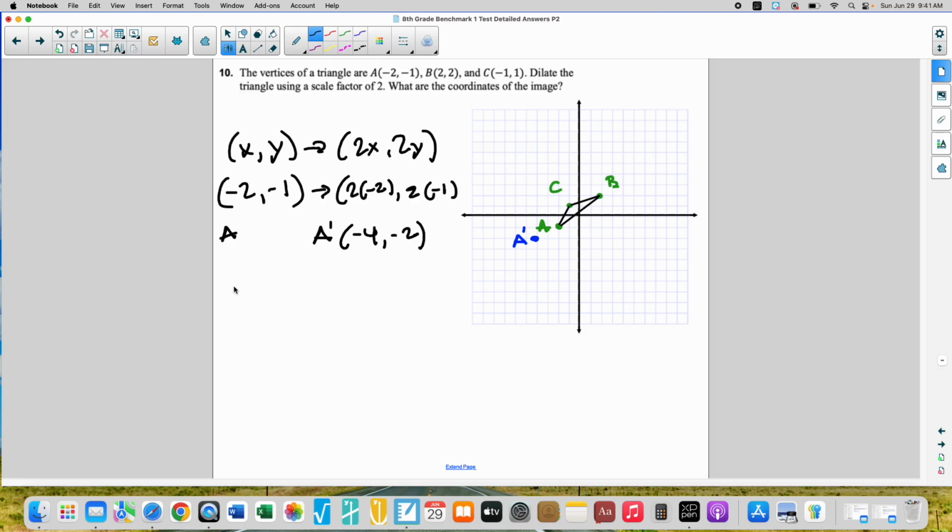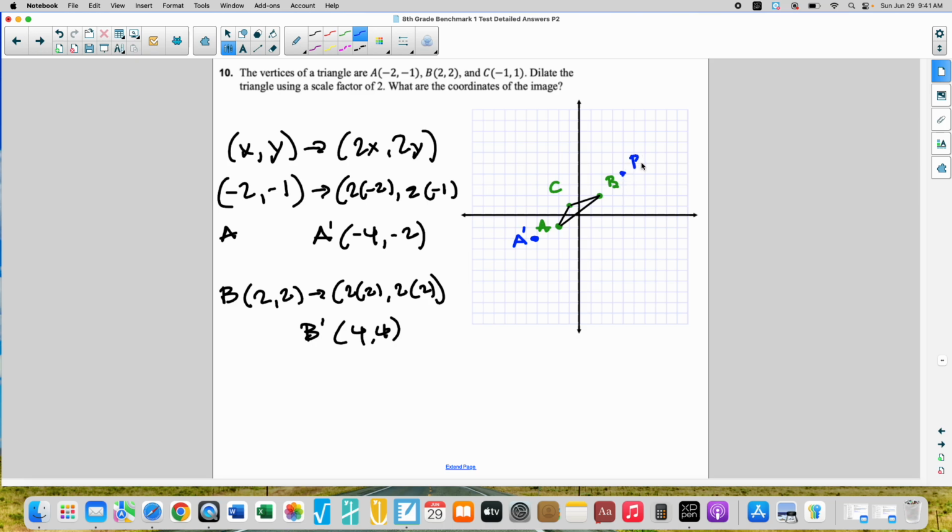And point B was 2, 2. We put it into the template, 2 times 2, 2 times 2. So my B prime is going to be 4, 4. So if we draw that, 1, 2, 3, 4, 1, 2, 3, 4.